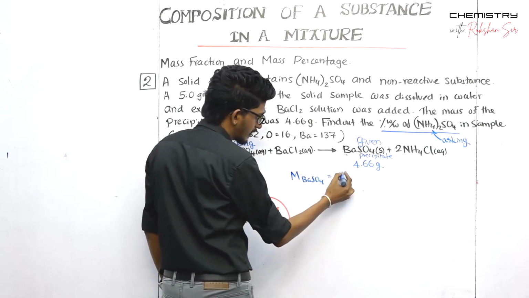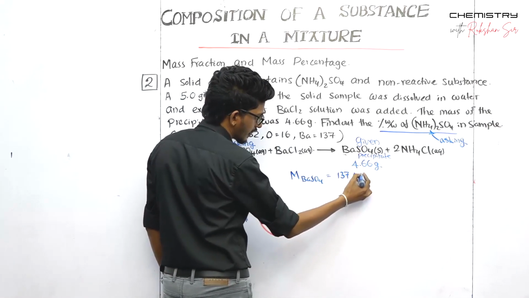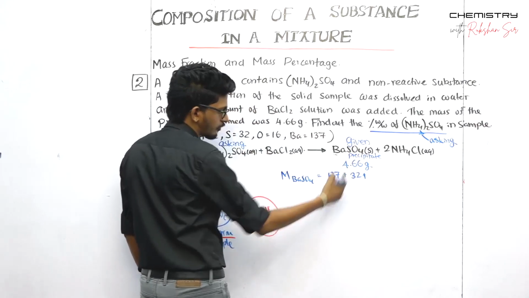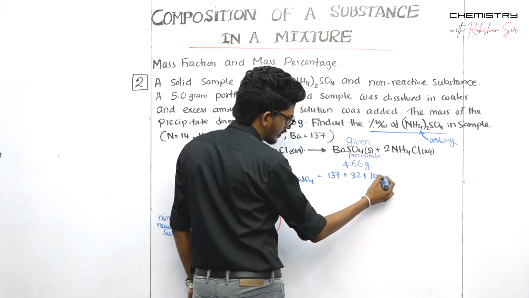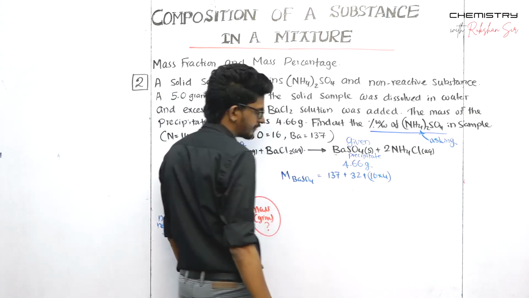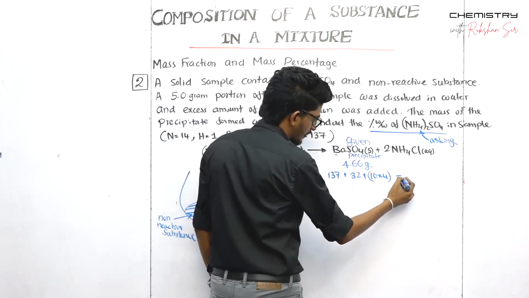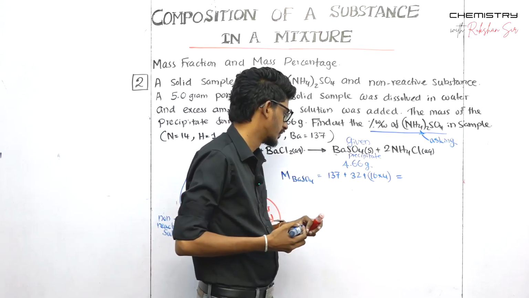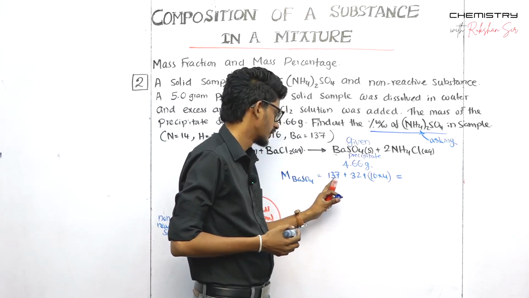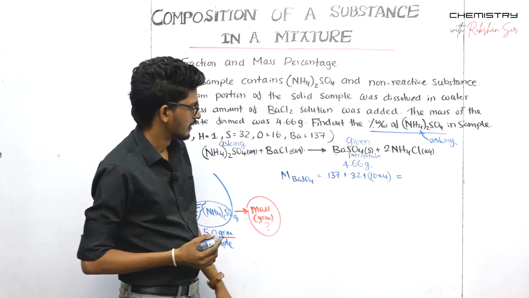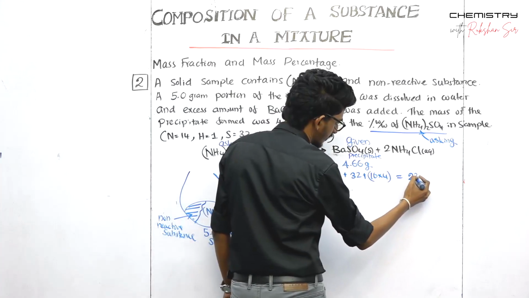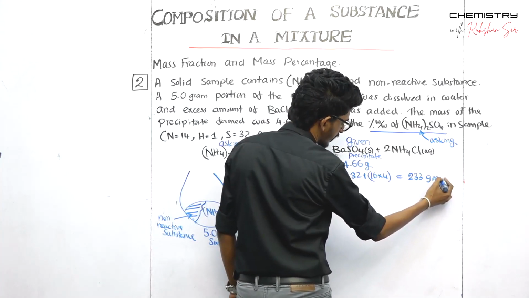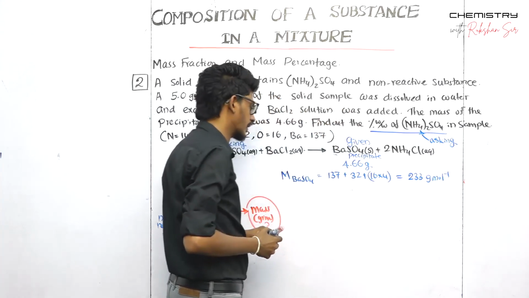Barium is 137, sulfur is 32, 4 oxygens means 16 into 4, that is 64. 64 plus 32 is 96, plus 137, that is 233. That is the g mol^-1 value.